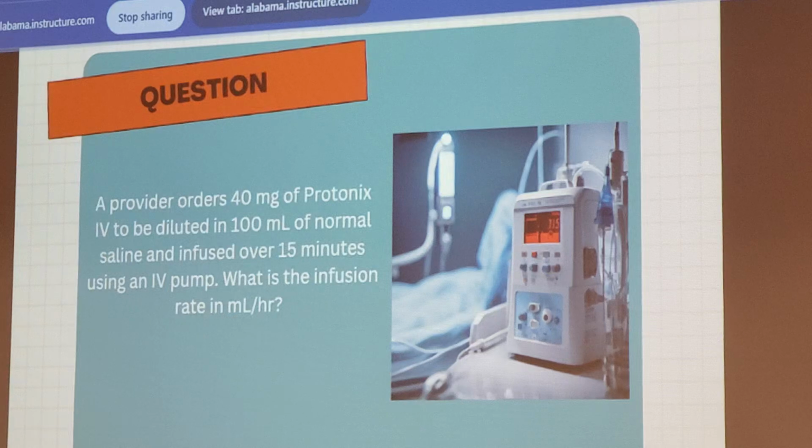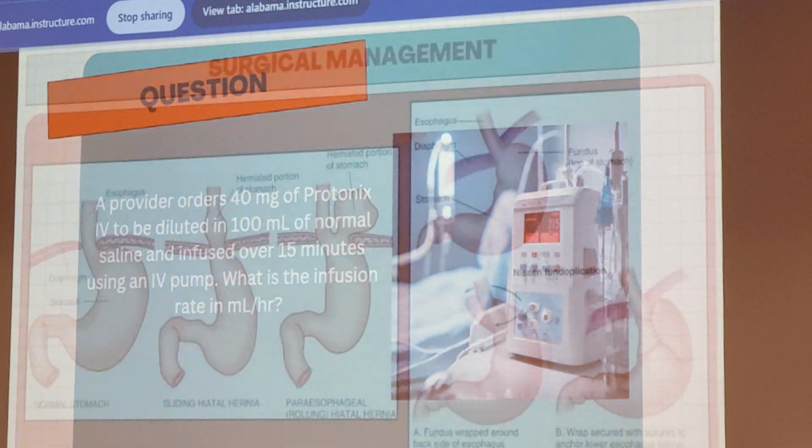Somebody got the answer? 400. 400? Yes, 400 milliliters per hour. That makes sense? Do you need me to work it down on the board? Everybody got 400? Sam, you get 400? 100 times 60 divided by 15. Okay, that's not the way I work it. Everybody got 400? Good.